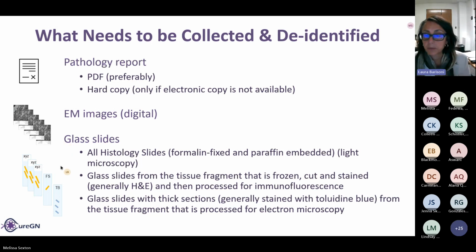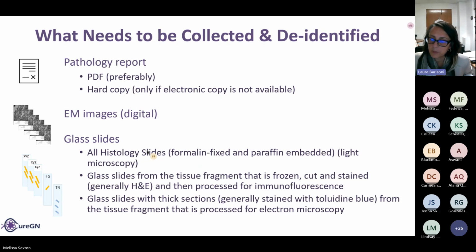Then the glass slides from the frozen section of the tissue that is embedded in OCT and is used for immunofluorescence, but they always take a section and stain it with H&E. We want that too. That generates a smaller fragment of tissue, so you will see that it looks different compared to the others.